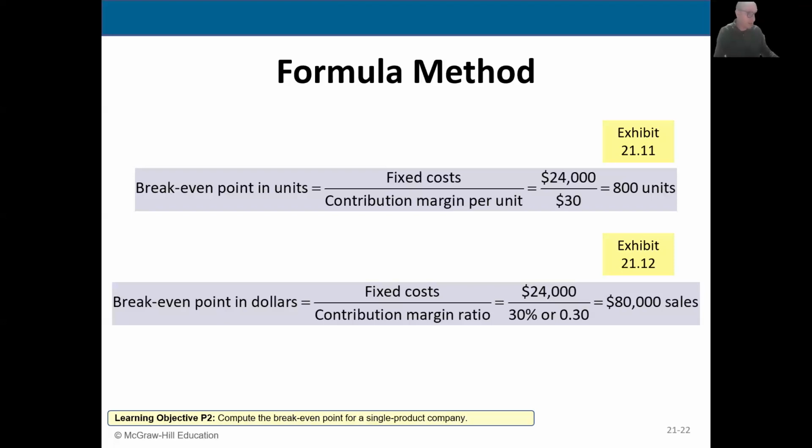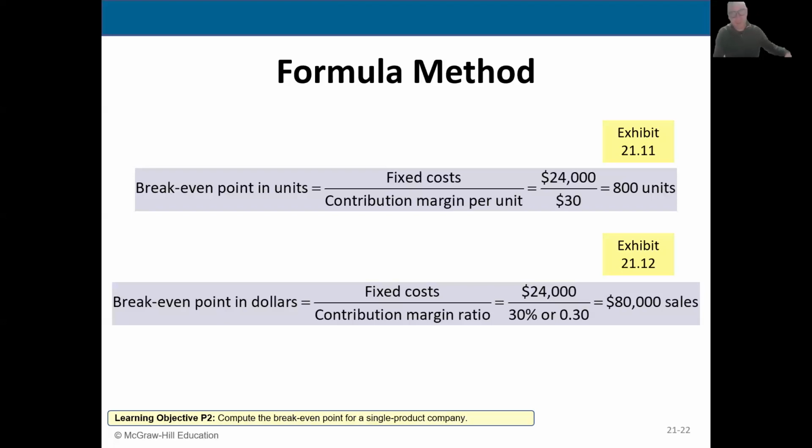How do I figure it out in terms of sales dollars? How many dollars of revenue do I need in order to break even? The way we figure that out is we take our fixed cost, 24,000, divided by our contribution margin ratio. Remember, the contribution margin ratio is the contribution margin per unit, $30 in this example, divided by the sale price, $100. 30 divided by 100 is 30%, or 0.30.